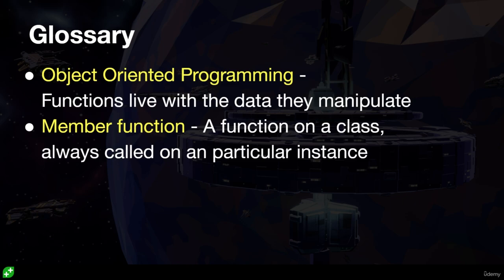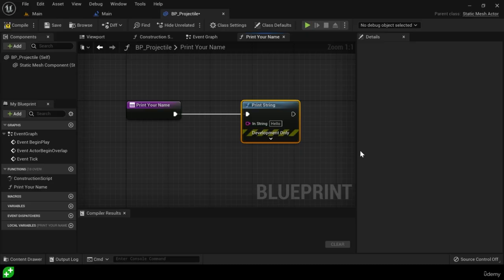So you don't say, I'm going to call print your name on all BP projectiles. You have to say, I want to call print your name on BP projectile number 1 or the BP projectile that has just been spawned.